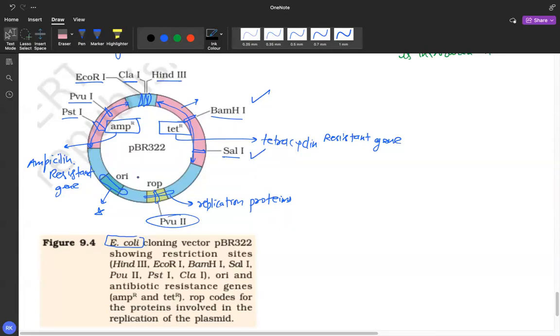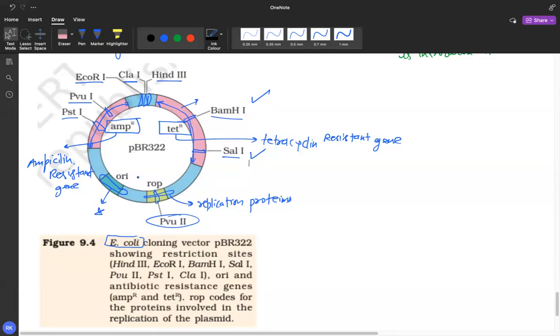If I use these two restriction endonucleases to cut my plasmid and also cut my gene fragment, then when I insert it, my gene will be intact, but the tetracycline resistant gene will get fragmented. It will be inactive, right? Yes or no?